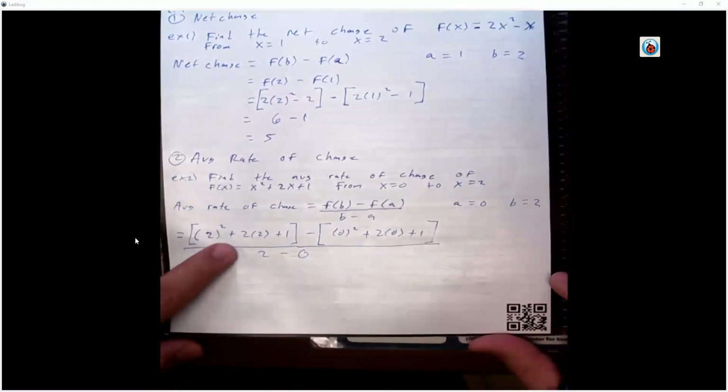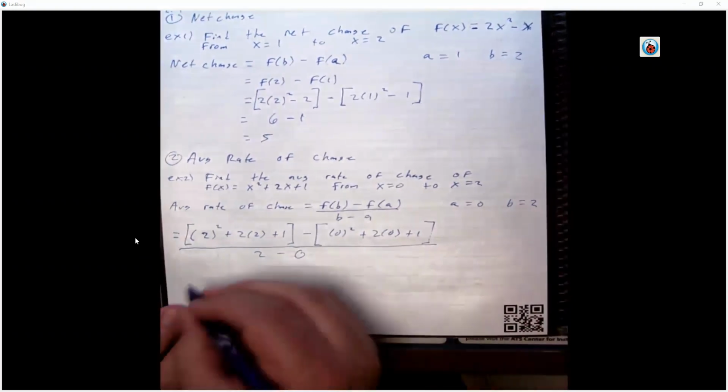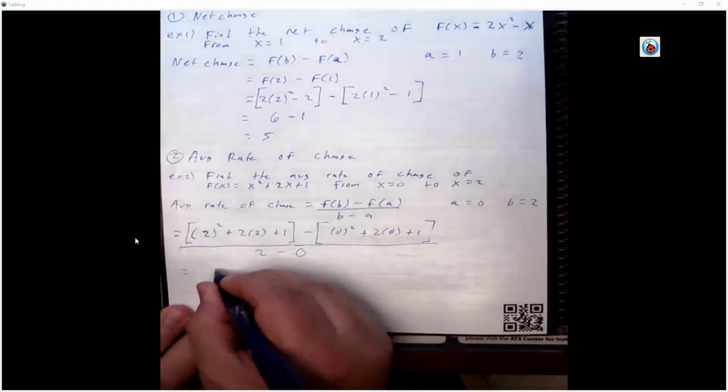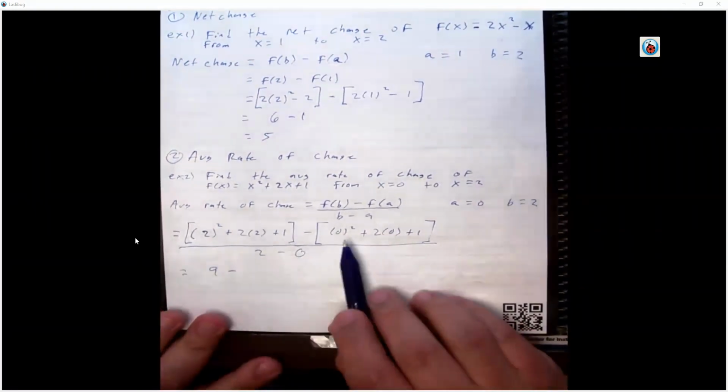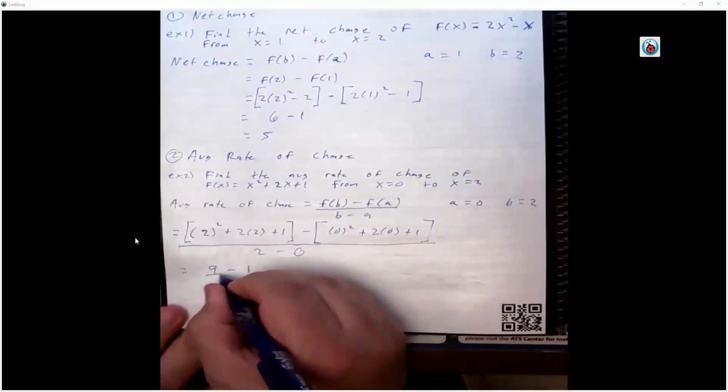What is this going to be, this piece? So let's see. 9 minus 1, divided by 2.